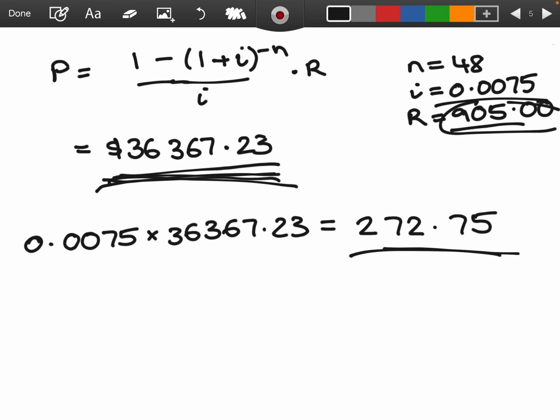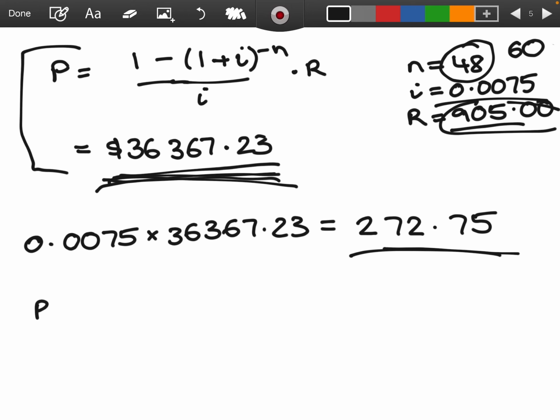How much do we have left at the end of 2021? Okay. At the end of 2021, we still have 5 years left of paying off the loan. We said that at the end of 2022, we had 4 years left. At the end of 2021, we have 5 years left. You're going to do this exact same calculation, but now put in N is 60.